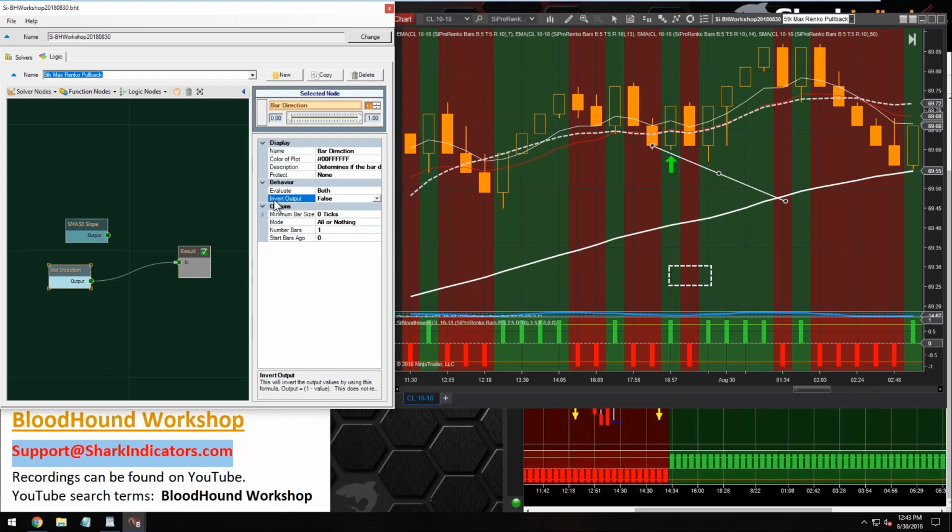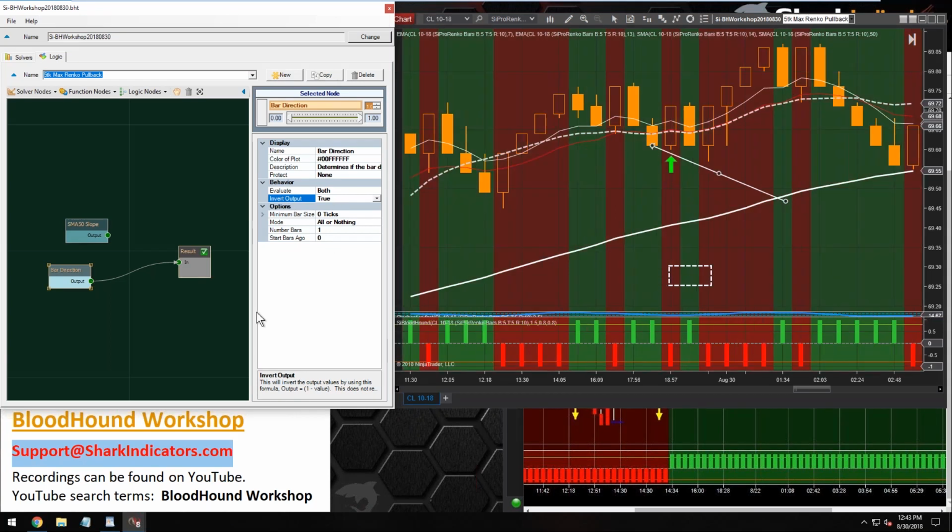We can simply use the invert output here. Now, if this were tick bars, volume bars, or minute bars, the invert wouldn't work because sometimes you might have a doji, which has no direction to it. But with Renko bars, this invert does work for reversing stuff.